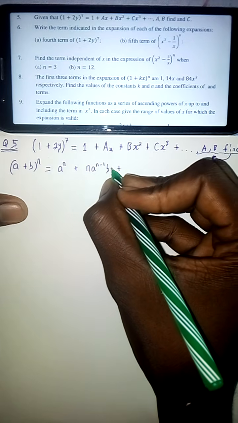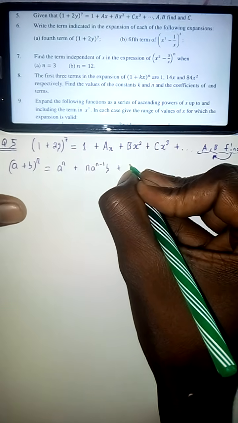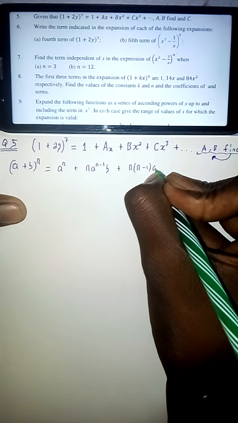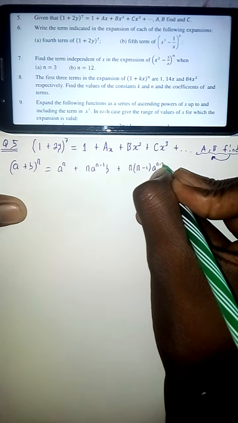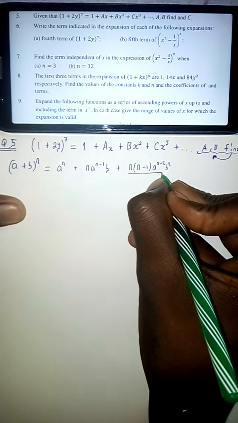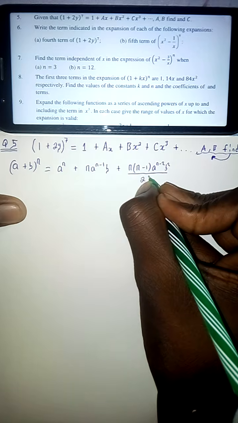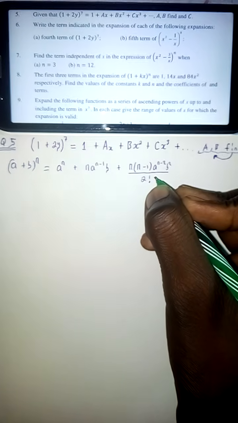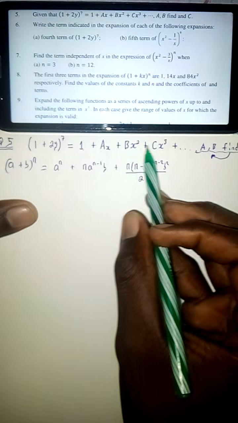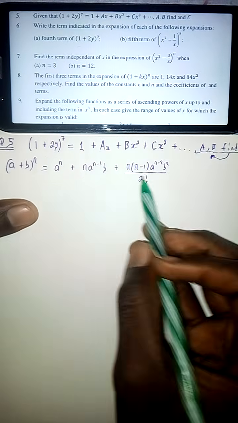Plus what? So this is the first, yes, then we are going to have n minus 1, n. So 1 2 3 4, 1 2 3.